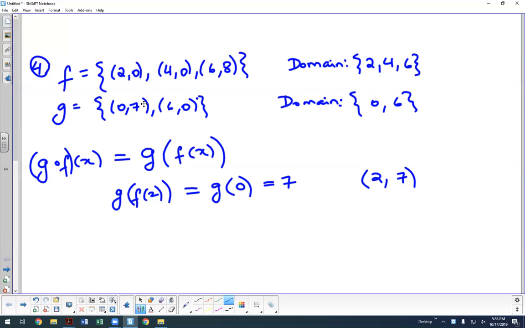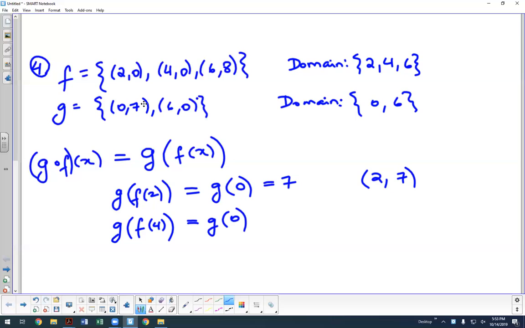Obviously, we're going to repeat that with the other values from our f domain. So our next one will be g of f of 4. So again, you're looking for f of 4. What will that come out to be? 0 again, right? Because I'm going to the f function, finding the ordered pair where x is 4, the corresponding y value is 0.